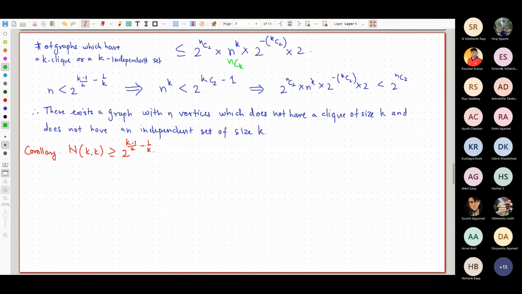Oh, n choose k. Acha. You're saying n choose k will be less than 2 to the n. Okay, fine. But 2 to the n is a worse bound than n to the power k, no? If your k is like 100 or something, n to the power k is better than 2 to the power n, no? Yes. Right. Yeah, that was confusing.